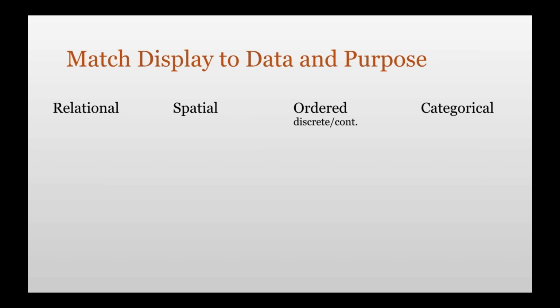So in terms of the best ways to display these sorts of data, spatial data is the easiest, because maps are really the way to go. You're looking at something physical, and maps are simply a direct representation of that.